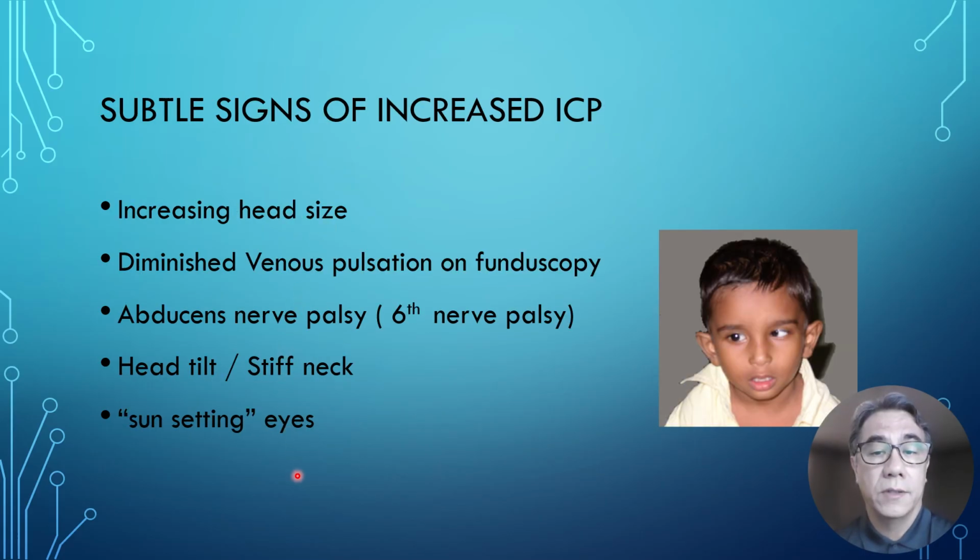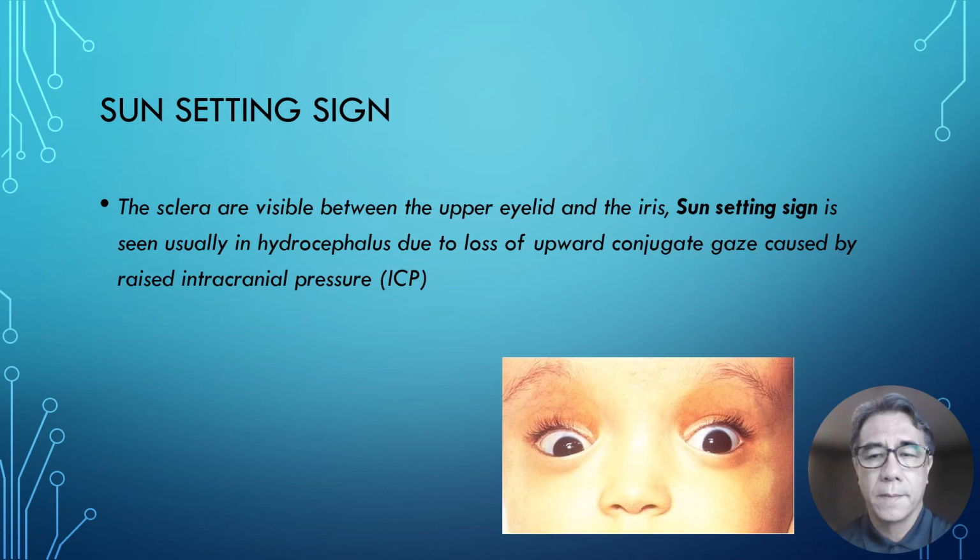Other signs of increased intracranial pressure would be sunsetting eyes, stiff neck, sixth nerve palsy, diminished venous pulsation on fundoscopy, and in infants with unfused cranial sutures, increasing head size way more than the usual.